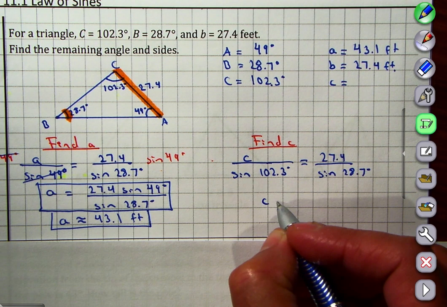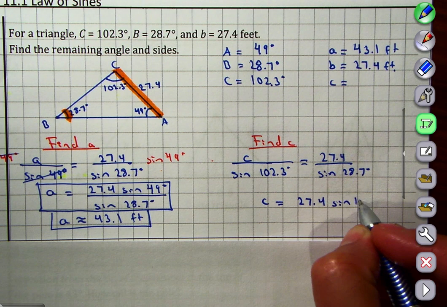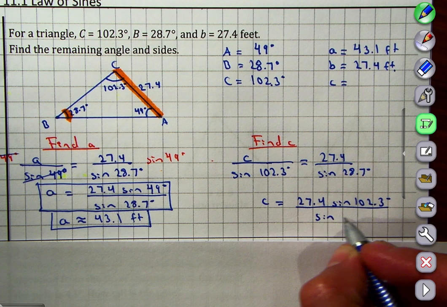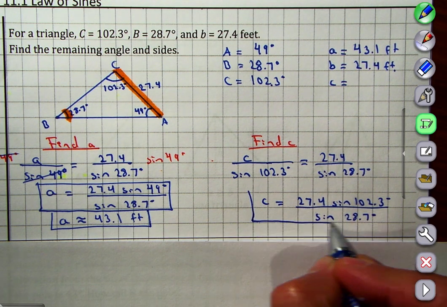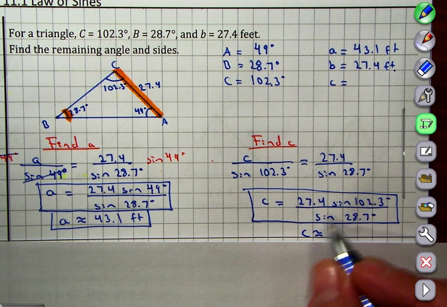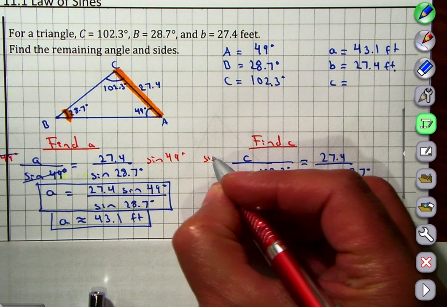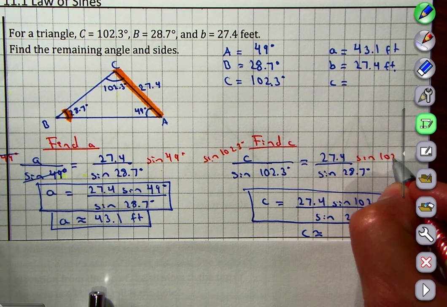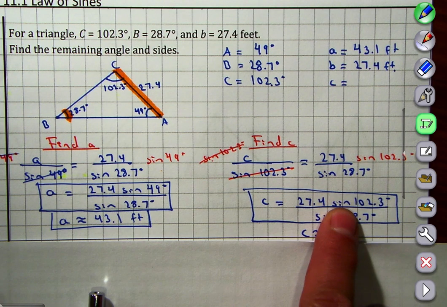So that gives me C is equal to 27.4 the sine of 102.3 degrees over the sine of 28.7 degrees. If they want an exact answer, this will be an exact answer. Approximation. Now remember that in order to get this, I multiply both sides by the sine of 102.3 degrees. That cancels, and it's here.